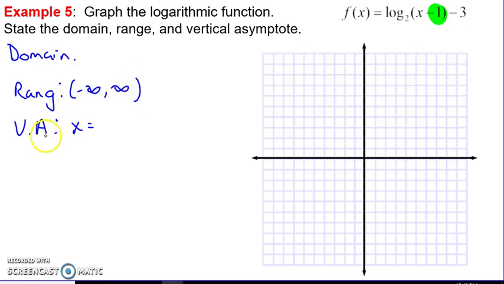For my vertical asymptote, remember it can be found by identifying what my h is. Remember the h is always opposite, so since it's -1, that means that my vertical asymptote is x equals 1. And because there's no negative out here in front of the log, I know that my domain is going to go from 1 all the way to positive infinity.